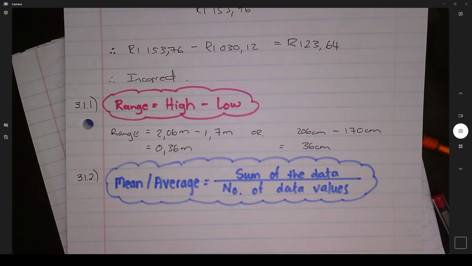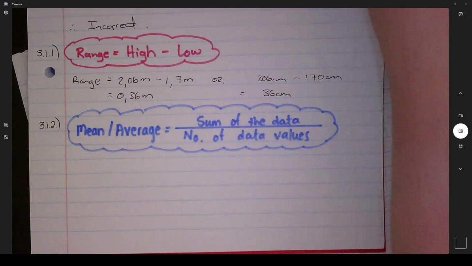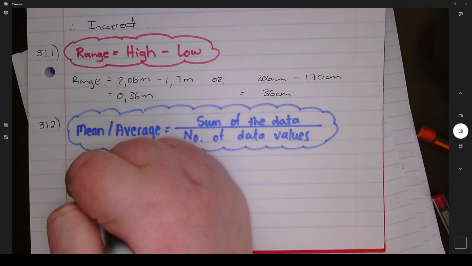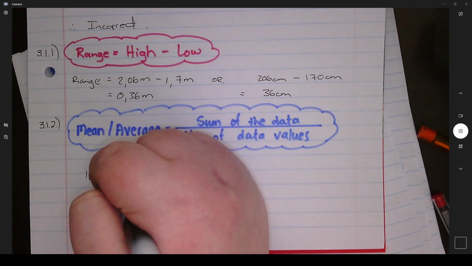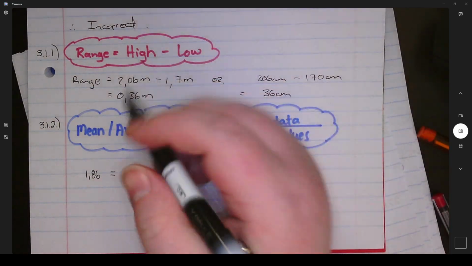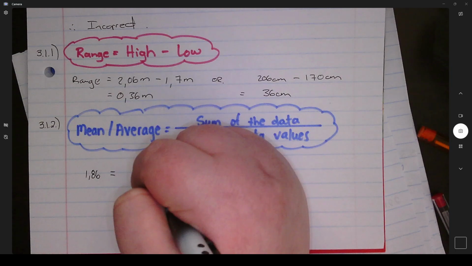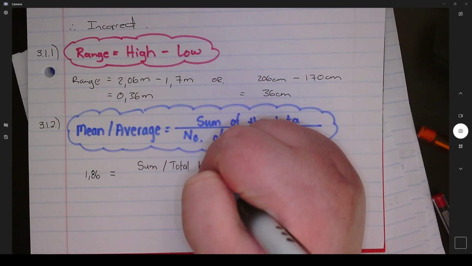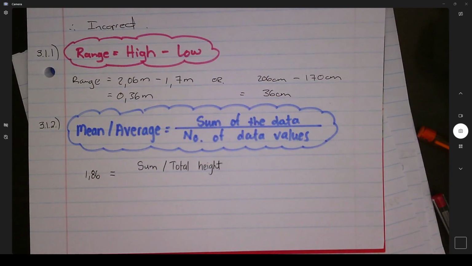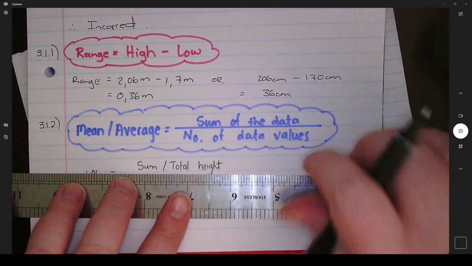In this case, they told you what the average height is, but you must also know what the formula for average or mean is. Right, so they tell us that the average is 1.86 meters. And then it would be the sum or total height, as they describe it in the formula, over 15, because there were 15 different heights that were added together.